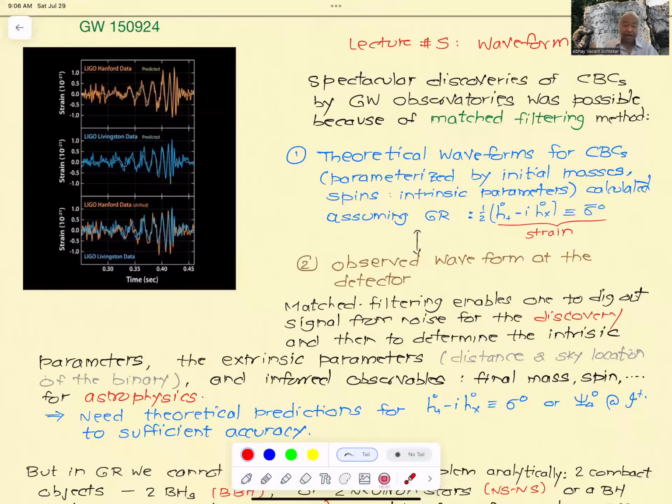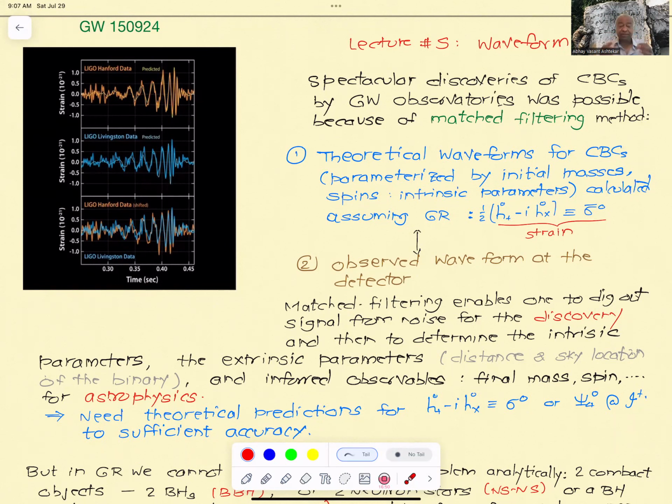And in order to dig it out, one needs to have accurate waveform models, and then one matches them. And so we have a whole bank of these waveform models. The signal comes, and this software very rapidly runs through the bank and finds out which one it matches. And then that is what gives us the description, the parameters of the binary.